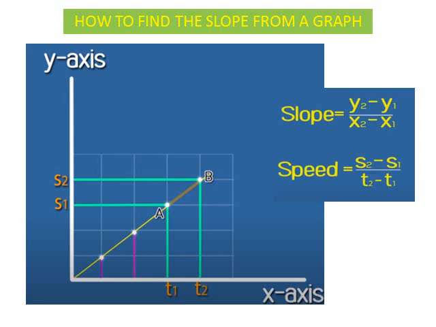Therefore, the slope can be easily found out by the coordinates: S2 minus S1 divided by t2 minus t1. In this way, we can identify the slope of the graph, and the slope of the graph will give you the speed of the body covered in that motion.